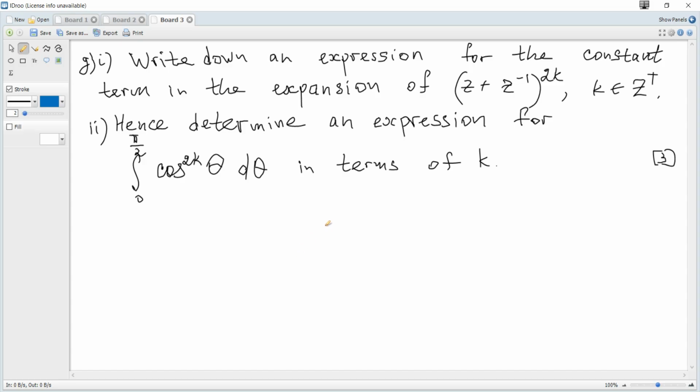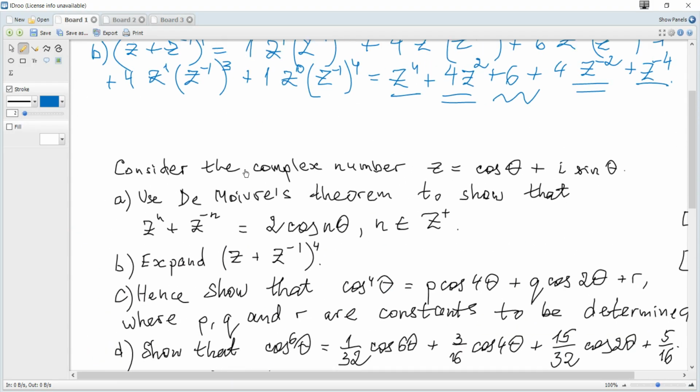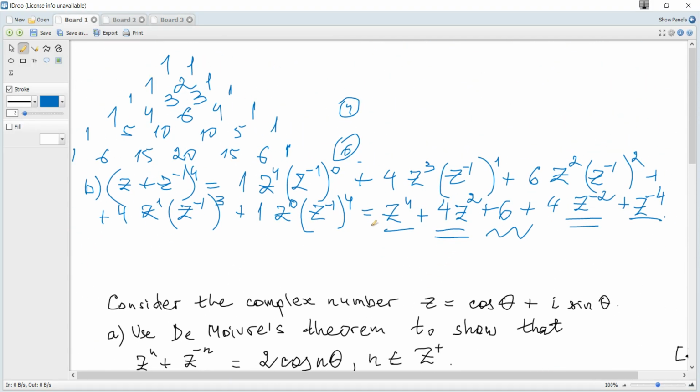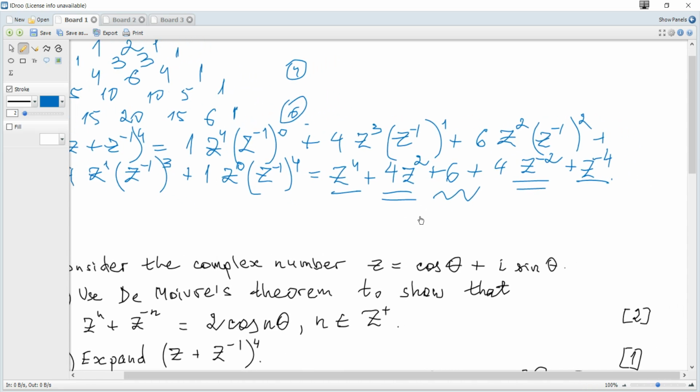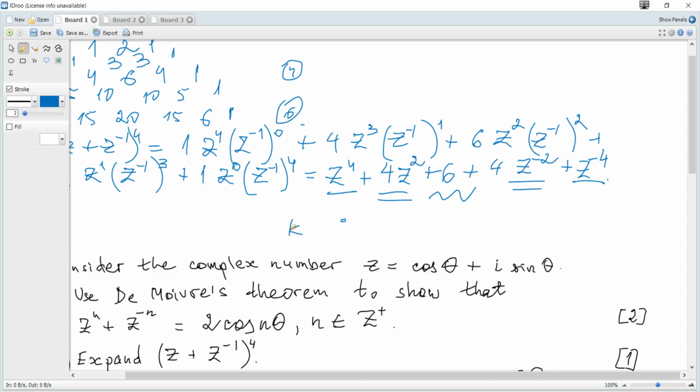Write down an expression for the constant term in the expansion of z plus z to the power of -1, to the power of 2k. Hence determine an expression for this integral. So let's see for this. For example, for power of 4, that's 2k; in general you can see it goes 0, 1, 2, and 2 is just half of 4, so it's k.